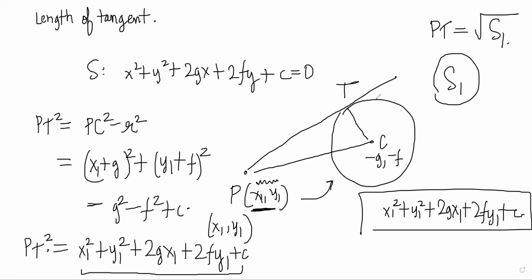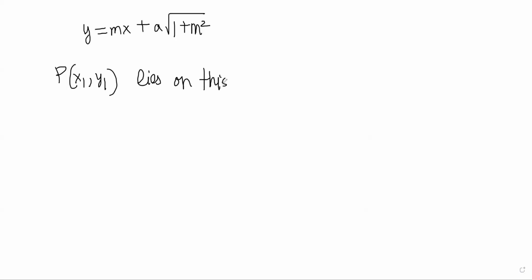In general, you can make two tangents to a circle from an external point. That is obvious if you use the equation of the tangent in the form y is equal to mx plus a root over 1 plus m square, and say that point P(x1, y1) lies on this tangent.